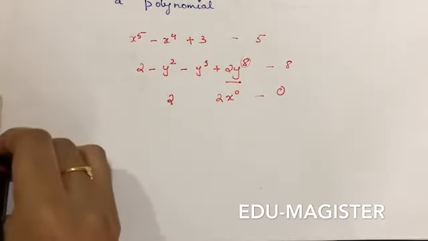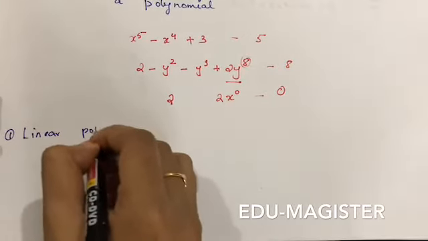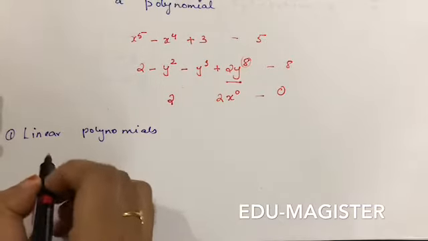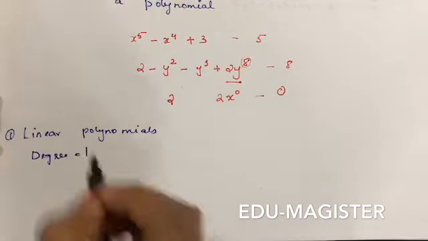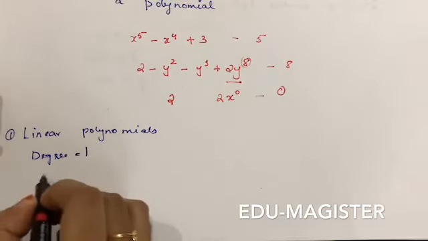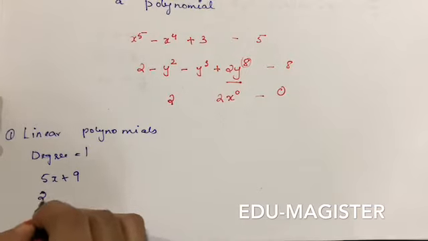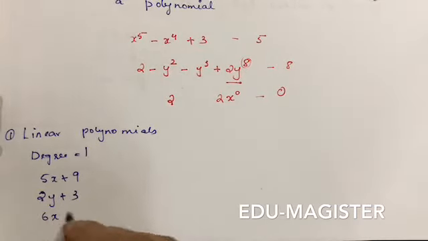Let us learn few types of polynomials based on their degree. The first type is linear polynomials. Linear polynomials means polynomials with degree 1. For example, 5x plus 9, 2y plus 3, 6x, etc. are examples of linear polynomials.